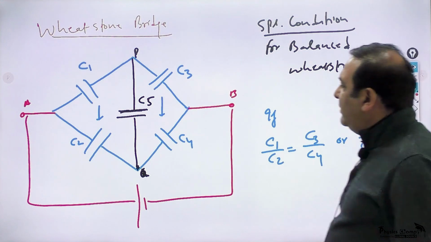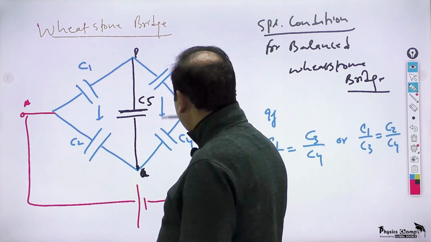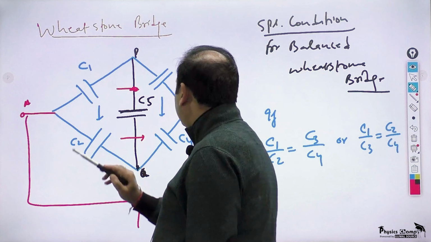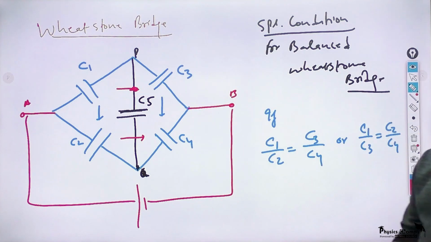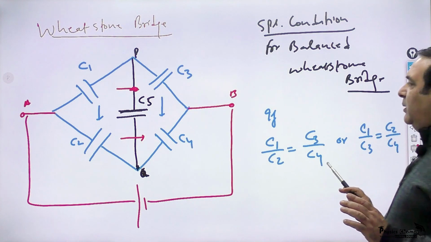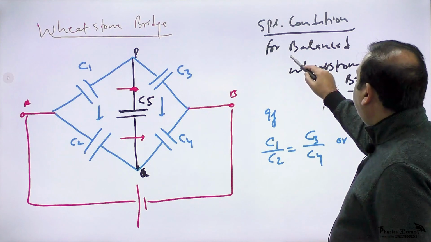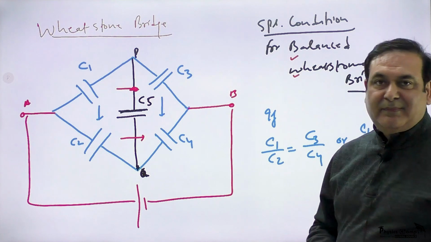So either I take the ratio C1 by C2 equal to C3 by C4, or C1 by C3 equal to C2 by C4. If this ratio exists, then we call it a balanced Wheatstone bridge.